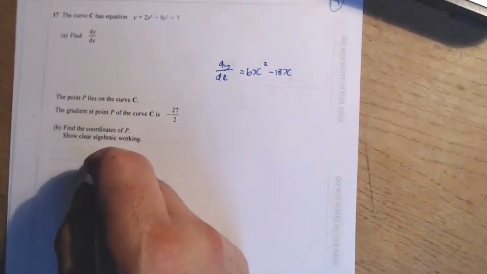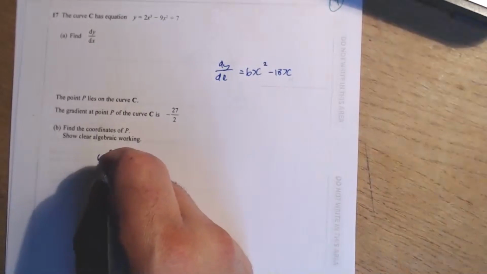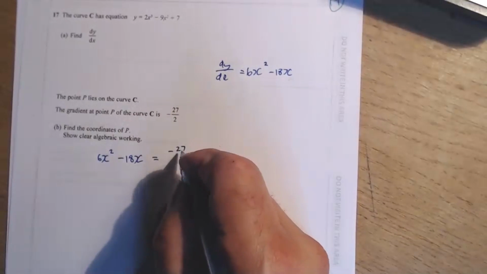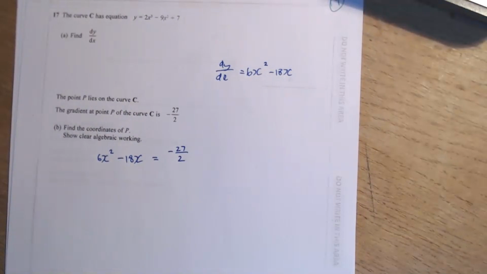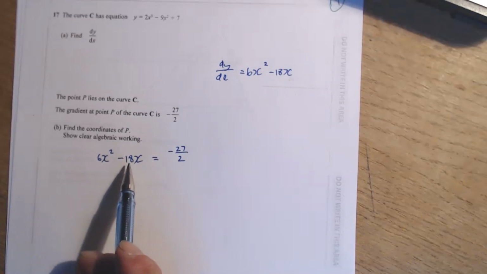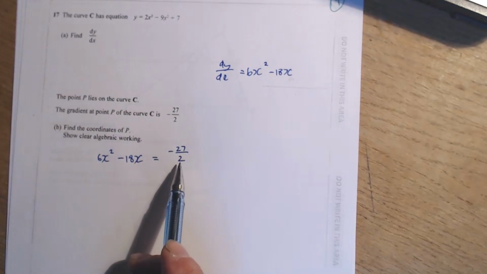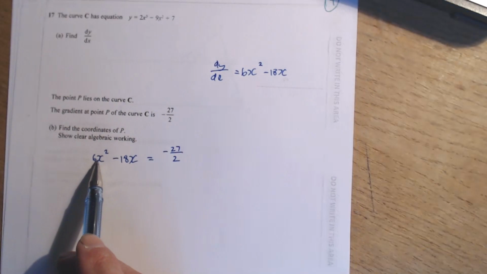So our starting point is to take our differential and set that equal to minus 27/2. Had the question said find the gradient when x was 3, say, you would just substitute 3 into the differential, but this is the other way around. We're given the gradient, find the x value.